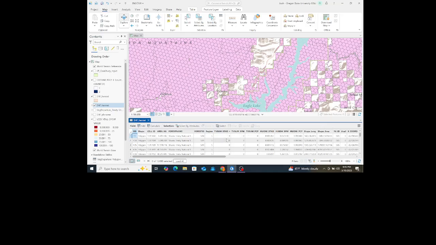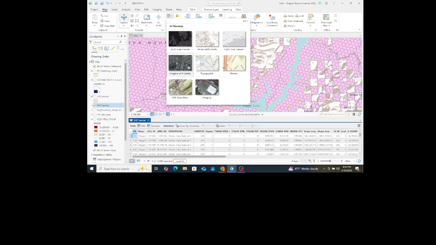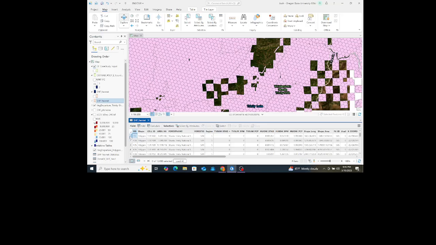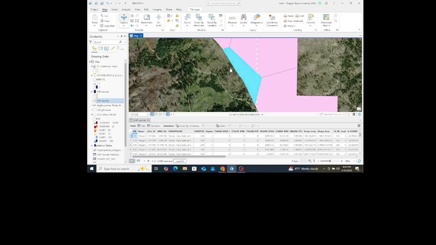And so our actual treatment variables, though, we have TV sum stand. This represents the timber volume sum for the stand, each one of these grid cells. And so we have 0 values here, and that means there's no timber volume in these stands. We can quickly look and see what that means. So we'll pull some imagery as our base layer and zoom to one of these layers.